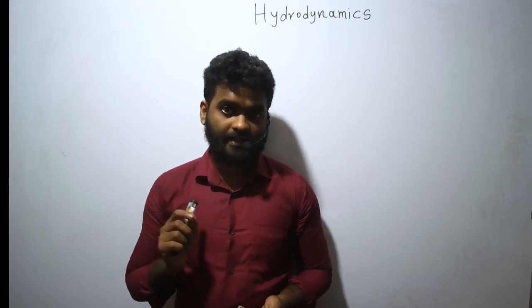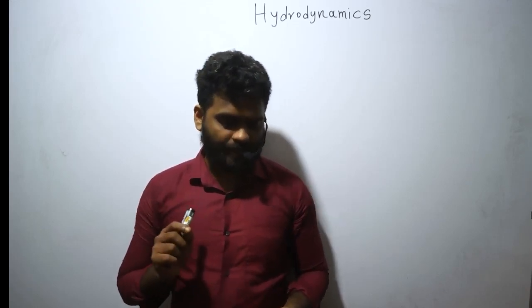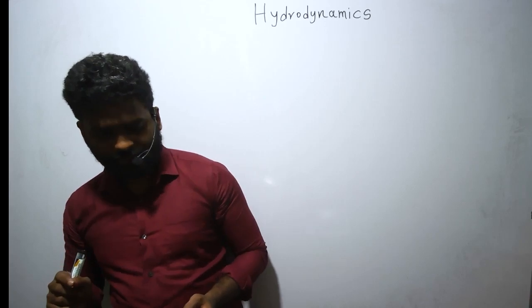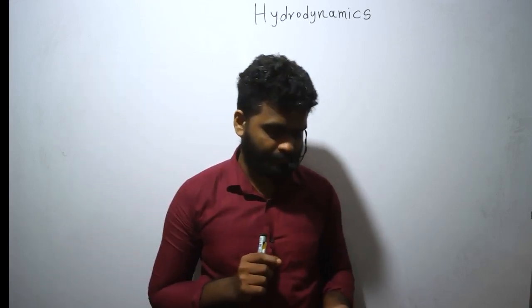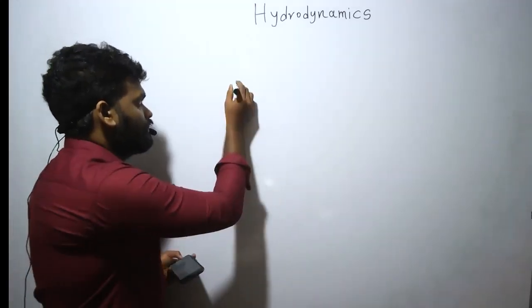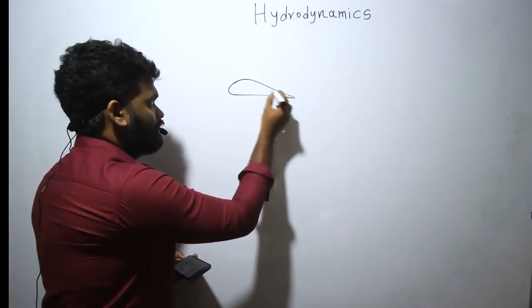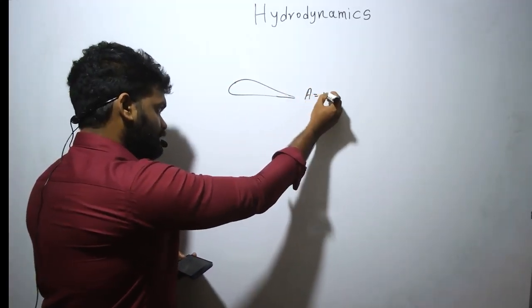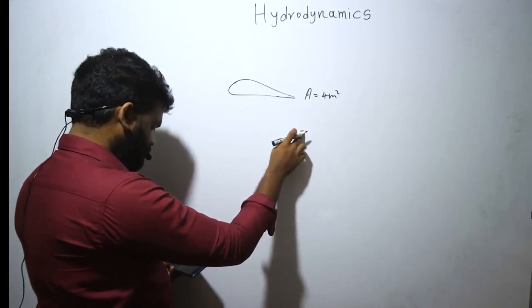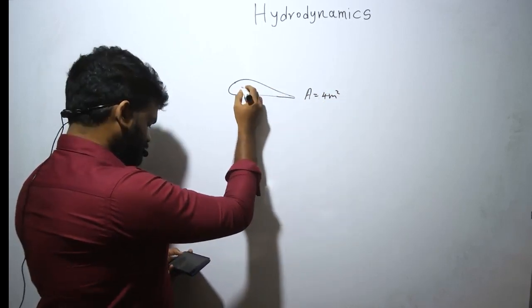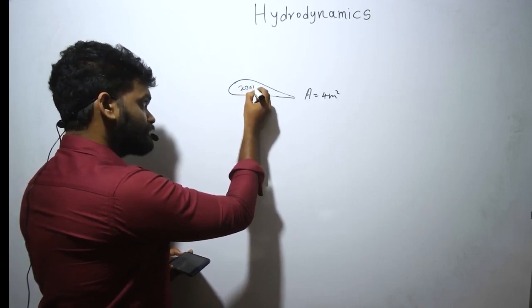Right. For the ninth question, the mass of an airplane is 200 kilograms and its effective wing area is 4 square meters. Area is 4 square meters. The mass is given as 200 kilograms.